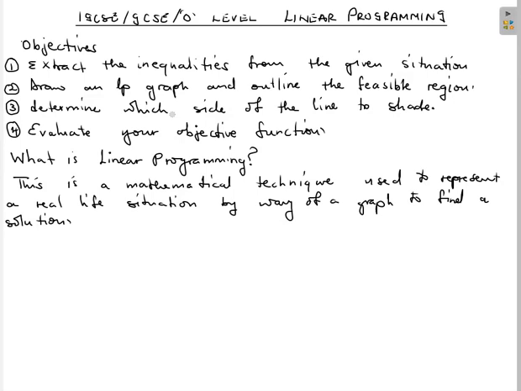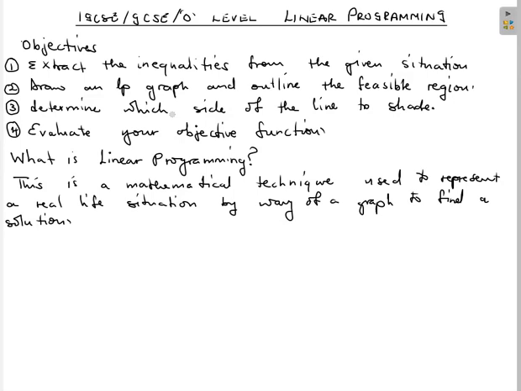So at any given time, maybe you only consider 3 or 4 constraints, then the rest maybe they are minor, or you are saying they don't have much impact. Now, we saw also in objective number 4 there, we said you should be able to evaluate your objective function. So we're talking of business here. People in business are trying to achieve either of two things or both. 1, minimize costs. 2, maximize revenue or maximize profit.